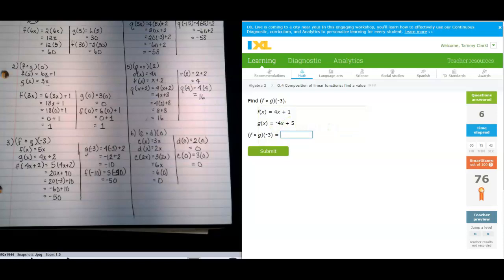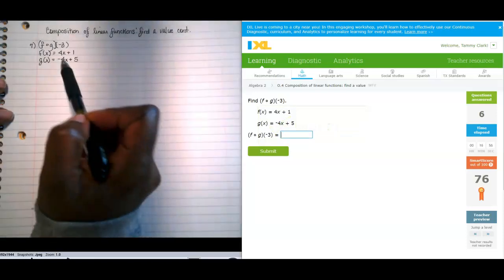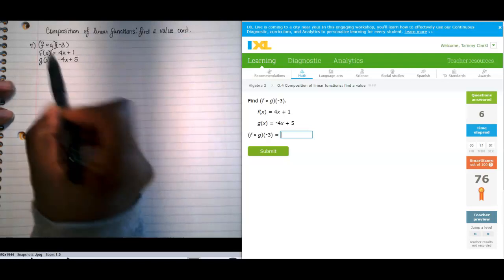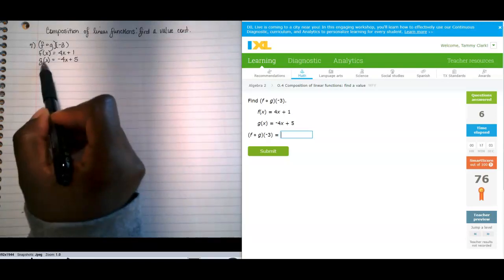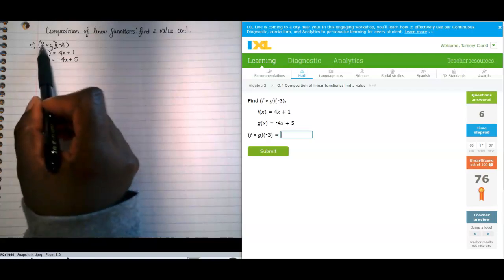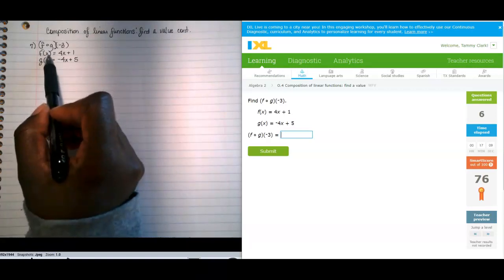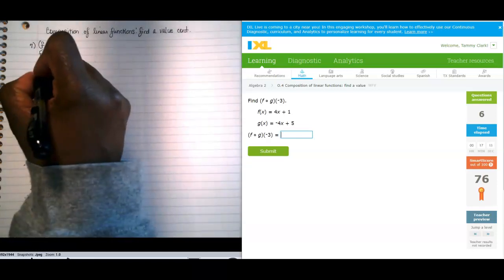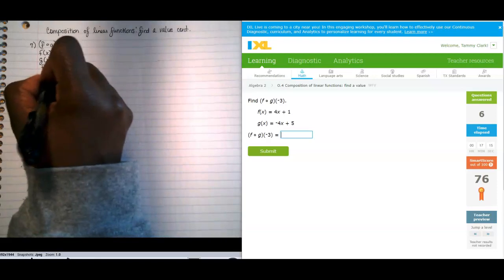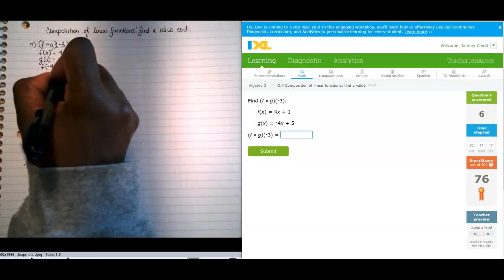Alright, I'll do one more. Although we have two linear functions here, we're going to continue with what we've been doing. So we're going to take our inside function, which is the g of x, and we're going to put it inside the outside function, which is f of x. So we say, okay, f of what? Negative 4x plus 5.